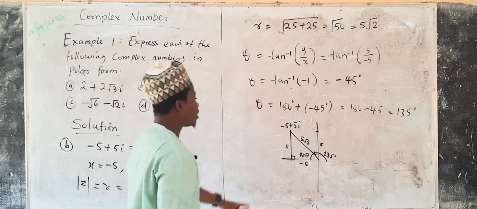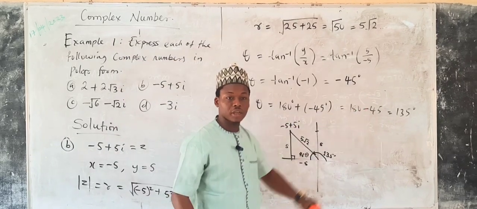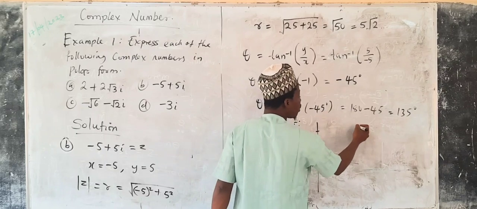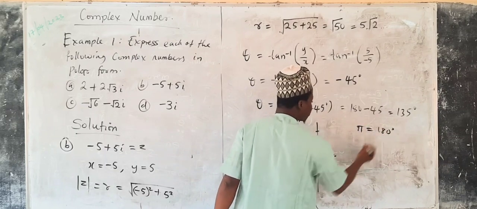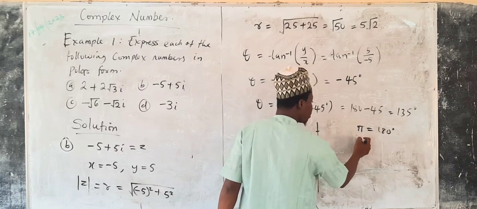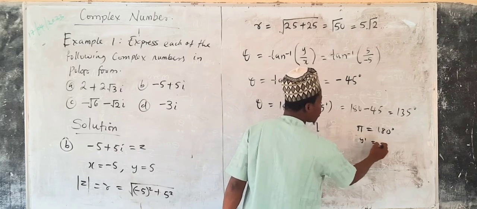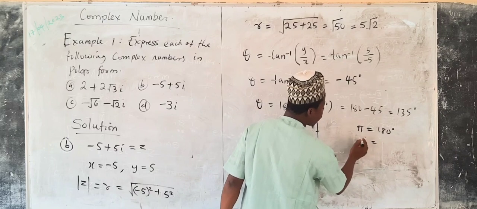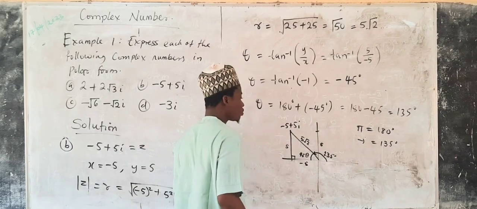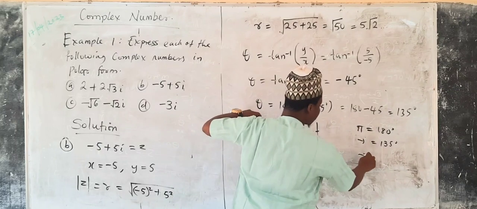So now, converting 135 degrees to radians, pi is 180, right? Good. So what value will give us 135?